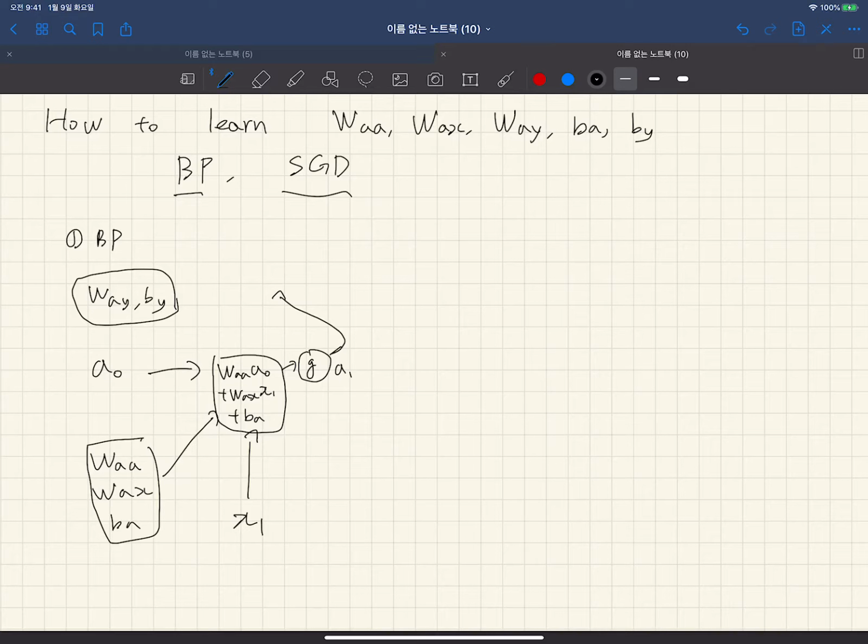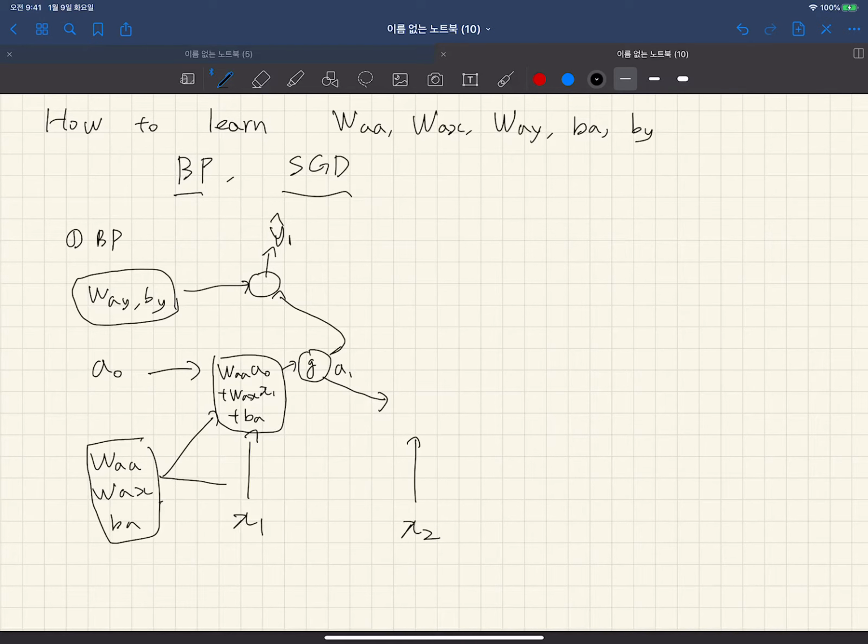For this process, we use the parameters WAY and BY, which make some linear operation here, and then we compute the Y hat 1. Okay, this is easy for the first step. The second step is also very easy, using X2 and the parameters WAA, WAX, BA, and the hidden state A1.